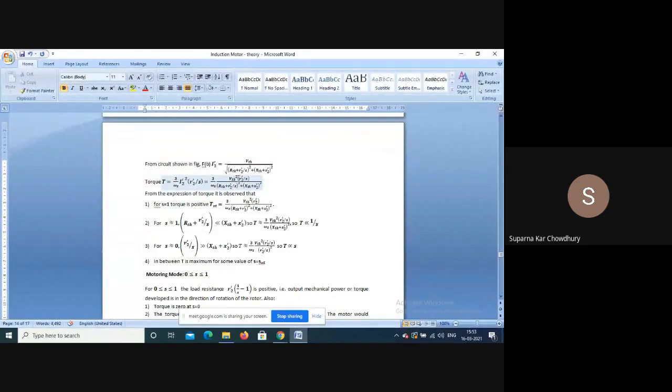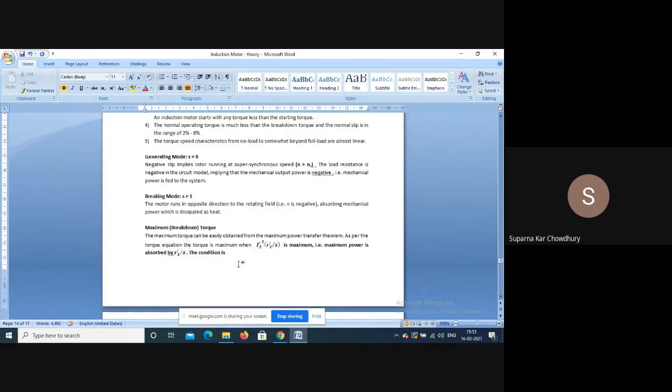You can see that torque is proportional to the power absorbed by this resistance R2 dash by S. So when the power absorbed by this resistance is maximum, the torque will be maximum.